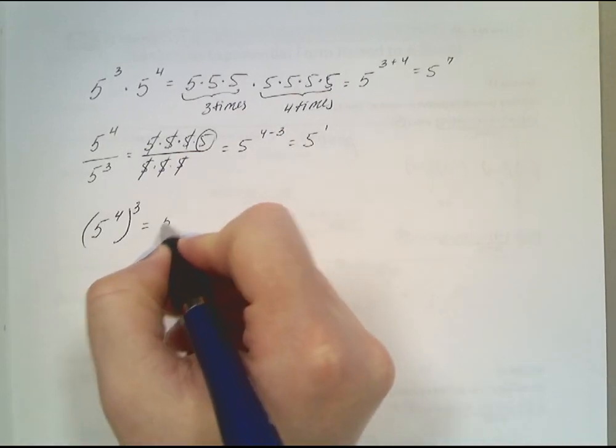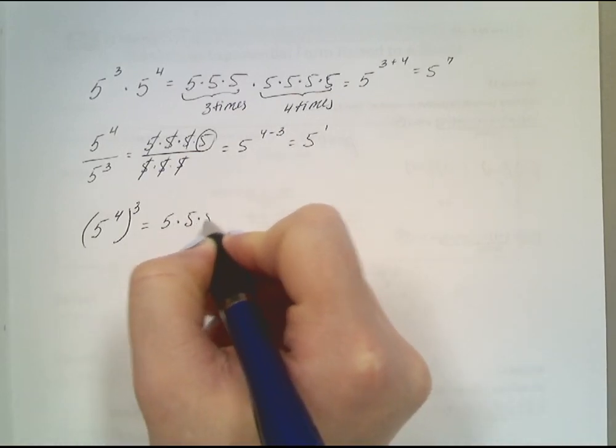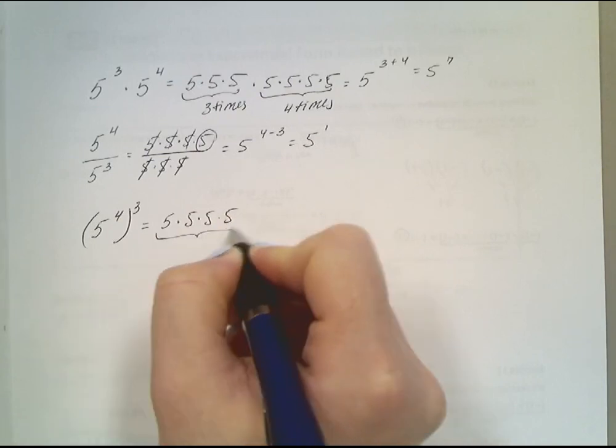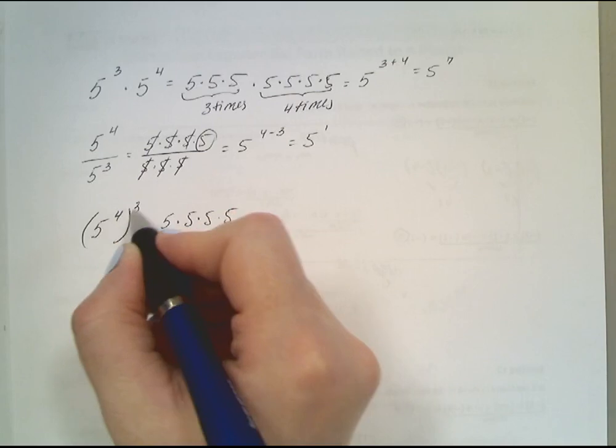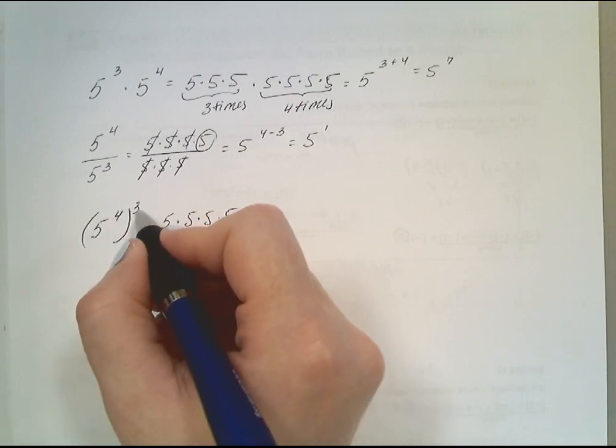I have 5 multiplied by itself 4 times, and that number I'm multiplying by itself 3 times.